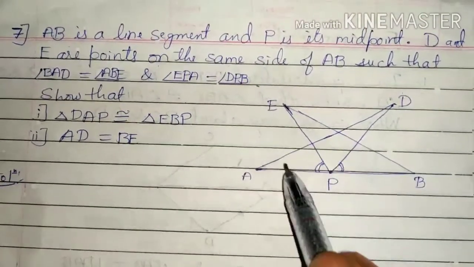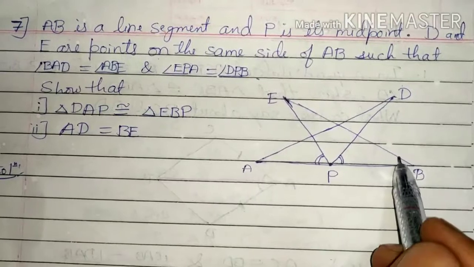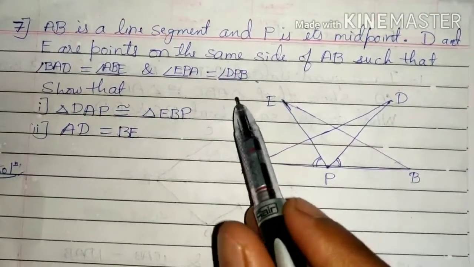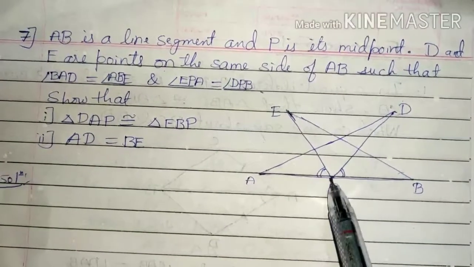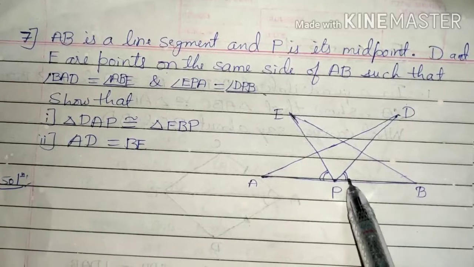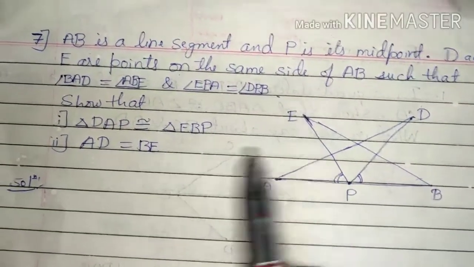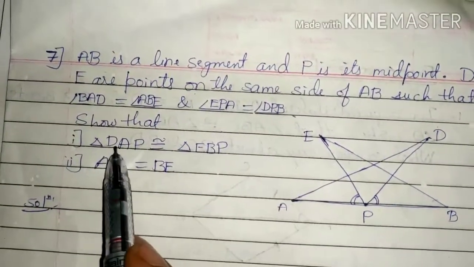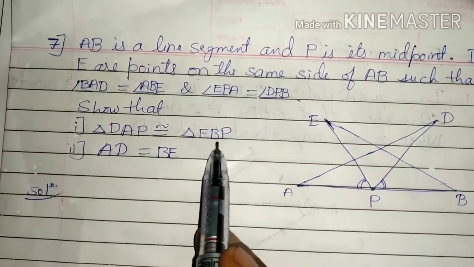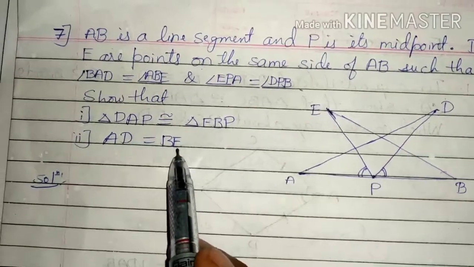So that means this angle is equal to this angle. Given, you can mark. Then also given angle EPA is equal to angle DPB, so the mark is given here. These two angles are equal. What we have to prove: triangle DAP is congruent to triangle EBP, also AD is equal to BE.